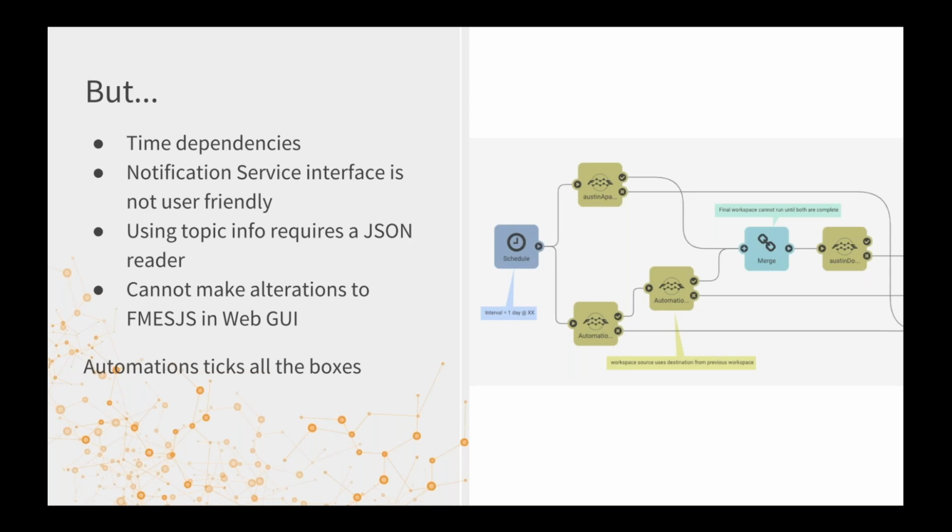And with the FME Server job submitter, you can't make alterations within the FME Server web UI. So all of the previous options had limitations. So we're hoping, again, that with automations, this will make the job chaining side of things a lot easier, as hopefully Jen has demonstrated to you previously.